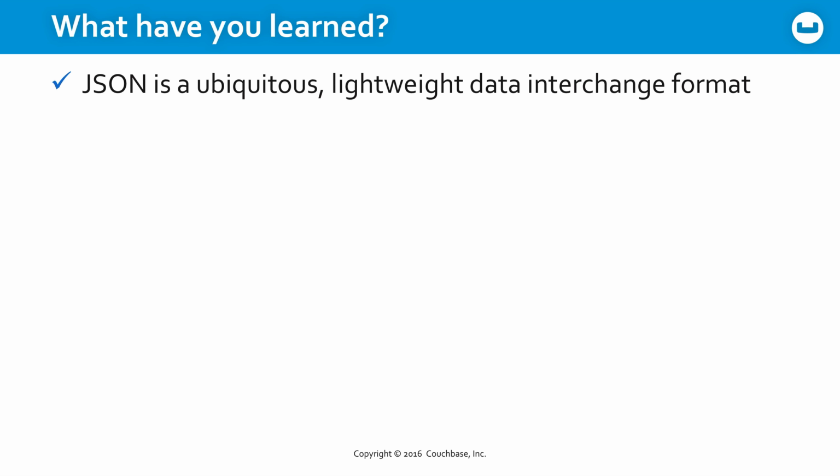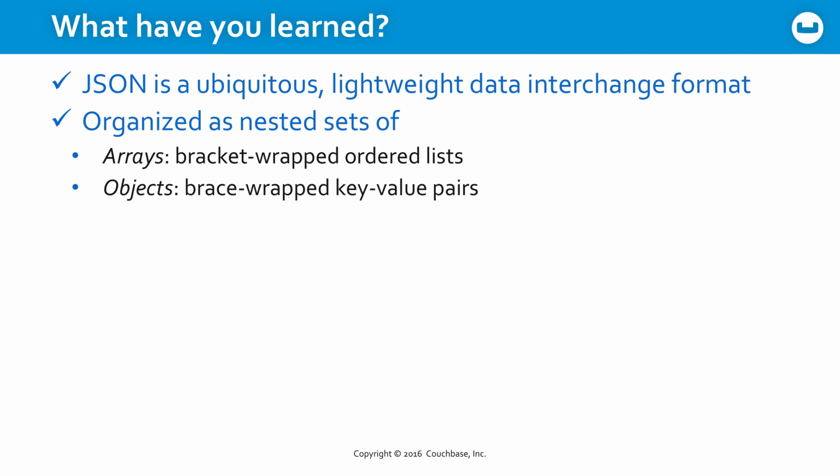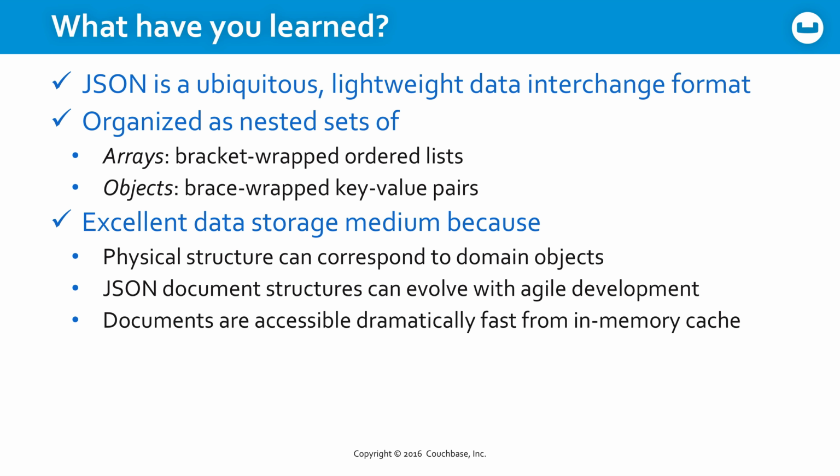First, JSON is a ubiquitous, lightweight data interchange format that is focused around arrays and objects, where an array is a bracket-wrapped ordered list and an object is a brace-wrapped key-value pair, all separated by commas, strings singular double quoted, other values unquoted, and you nest these one inside the next as necessary, which means that JSON is an excellent data storage medium because the physical structure of your documents can correspond very closely to your domain objects, reducing impedance and making your code simpler to write and maintain.